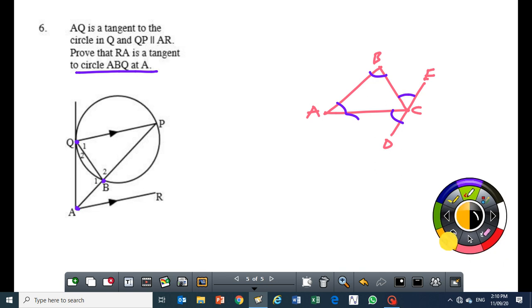In most cases, you have to identify an angle such that it's equal to this angle, but it can only be equal to this angle via a third angle that will be equal to both of these two. So it's more like you say x is equal to z, but x is equal to y, therefore y is equal to z.